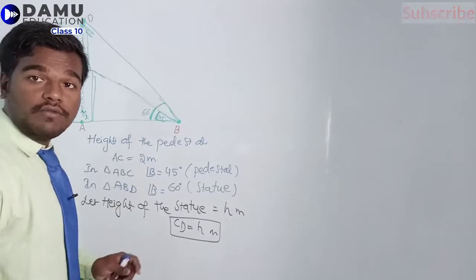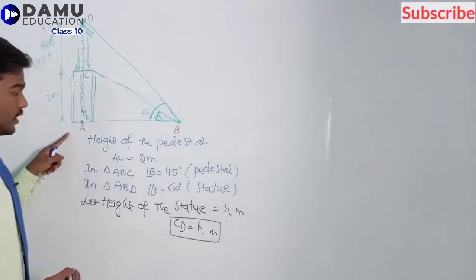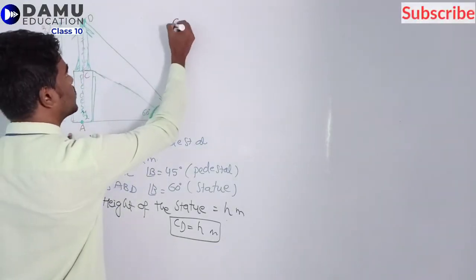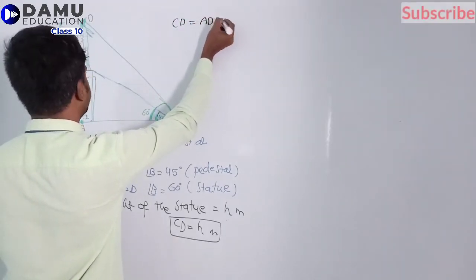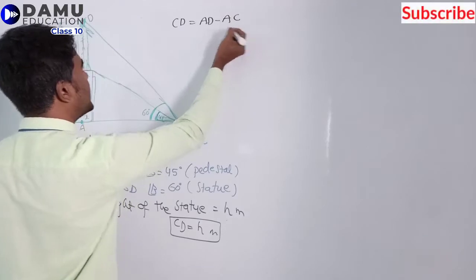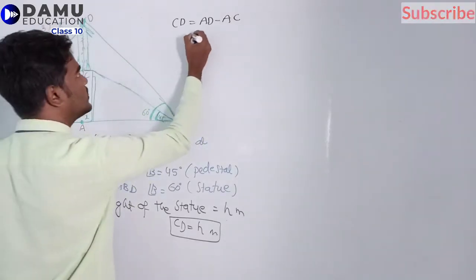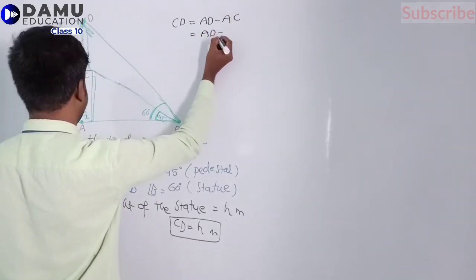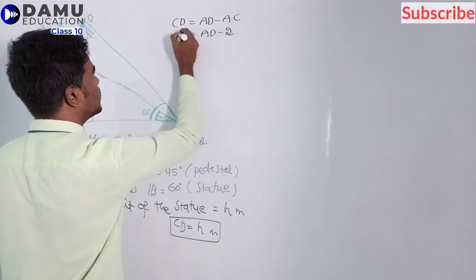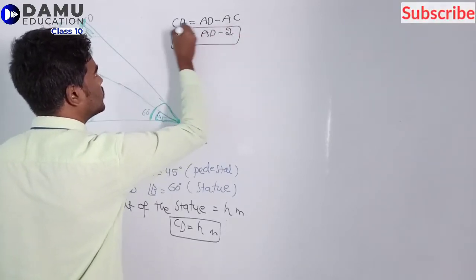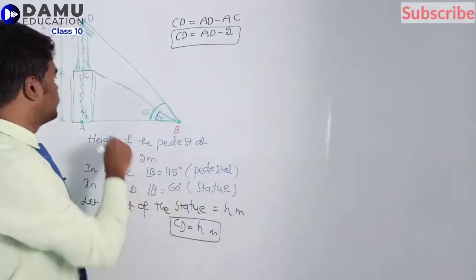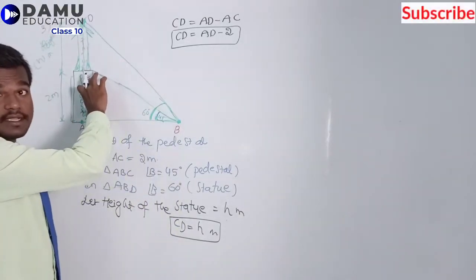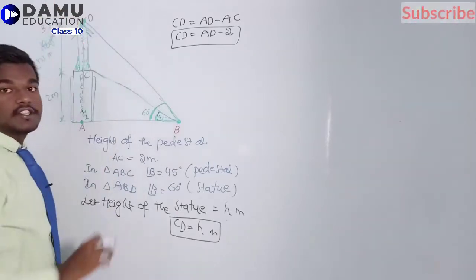Then how do we find this? We can take CD as AD minus AC. AD minus AC is AD minus 2 meters, that is CD. So from the total, you subtract the pedestal, then we will get the statue height.